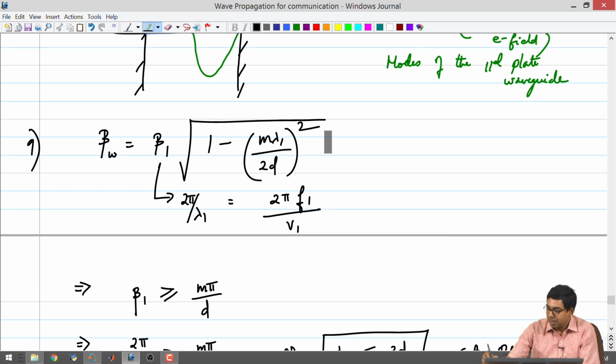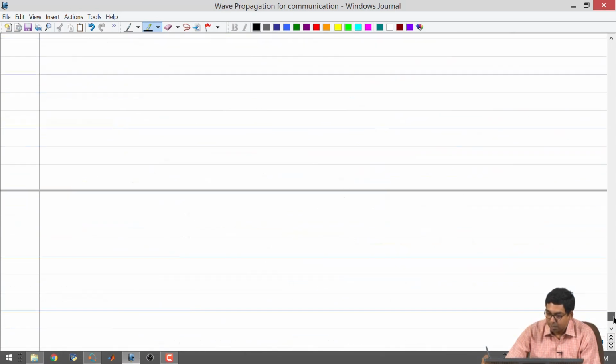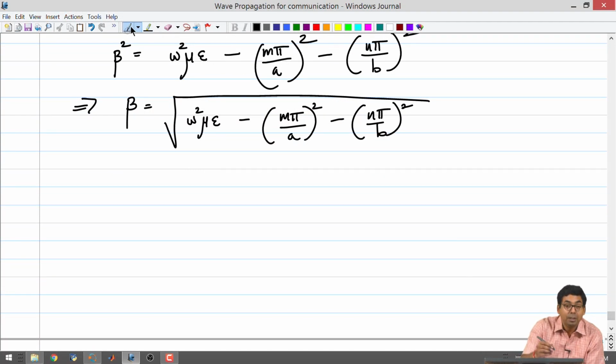So, similarly, I am having a square root coming into the picture here also, and I am having the general solution for Ez with e to the minus j beta z, which means beta again has to be real, which means that this square root should be of a positive number. I cannot have a negative number over there.